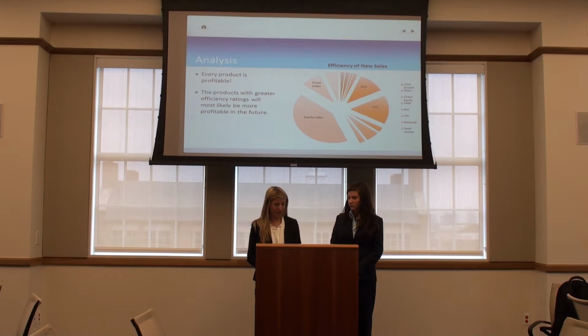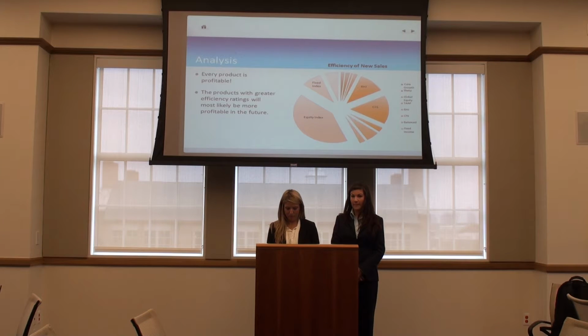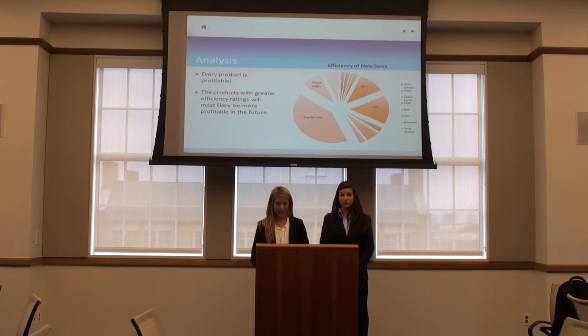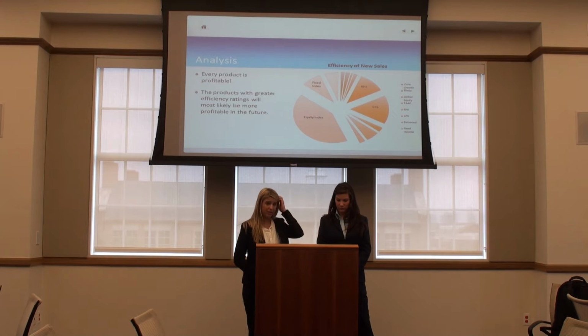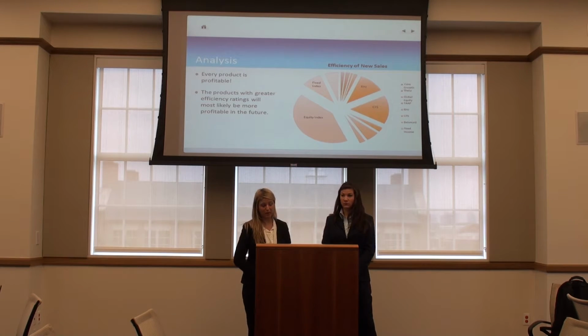And for the final analysis that we came up with, we wanted to really understand how each of the products were performing. So we developed 2 sets of data, and the first one was based on the efficiency ratio of each product.